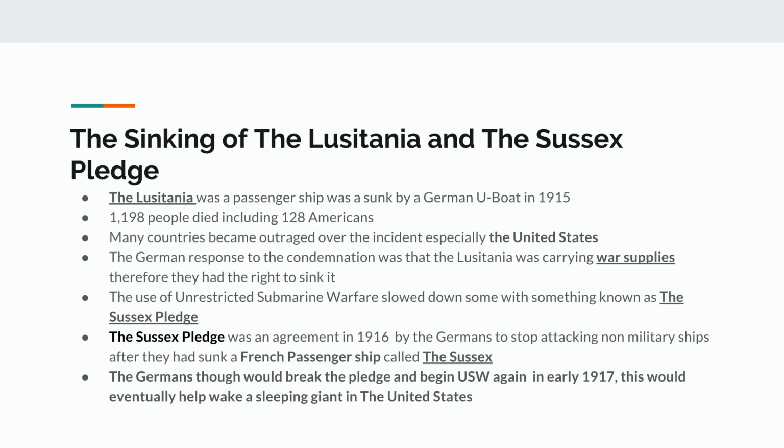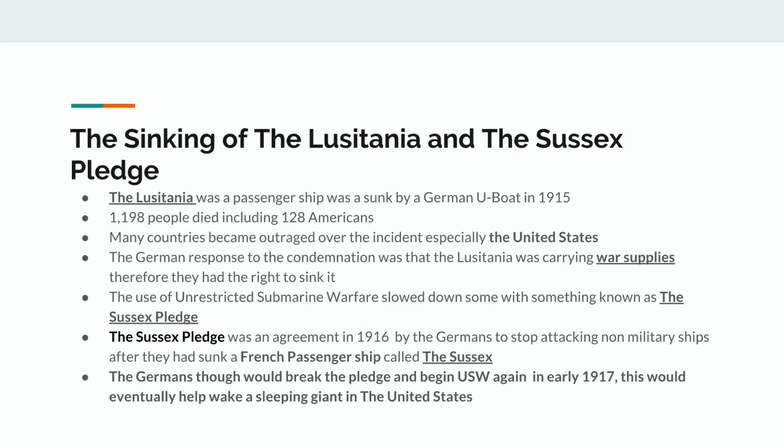A couple of ships that played major roles during the war were the Lusitania and the Sussex. The Lusitania was a passenger ship that was sunk by a German U-boat in 1915. There were 1,198 people on board the Lusitania, including 128 Americans.